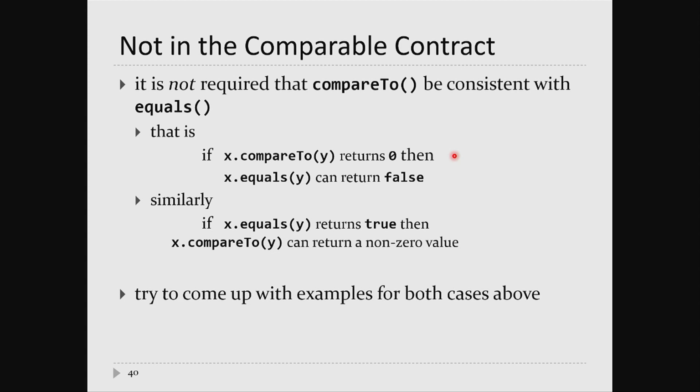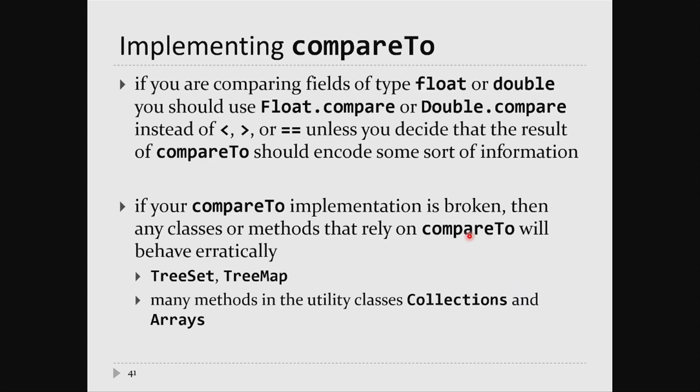They have the same distance to the origin, so x compared to y is going to return 0. But they have different coordinates, so x equals y is going to return false. And you can come up with lots of situations where the first case is true. I'll let you think about the second case on your own.